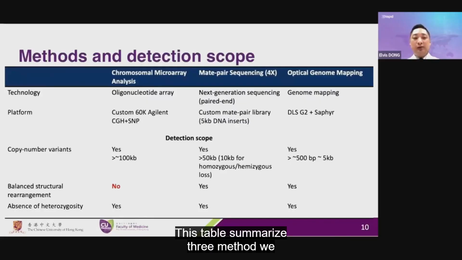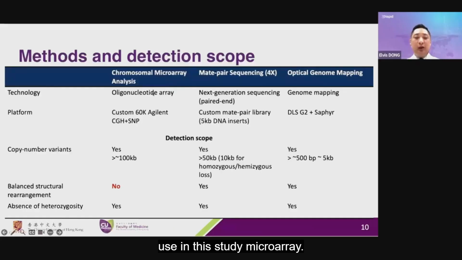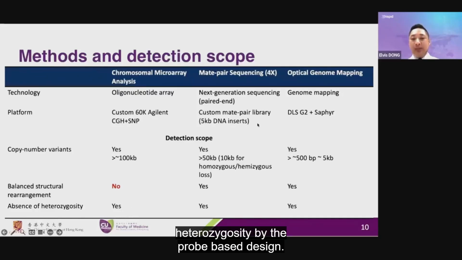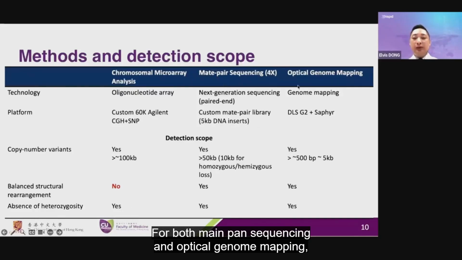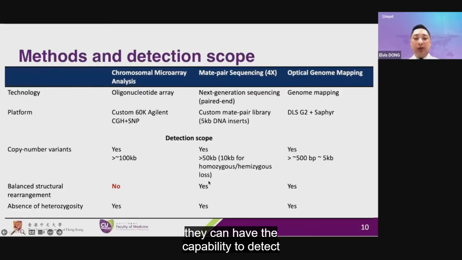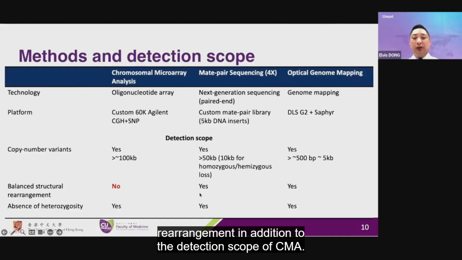This table summarizes the 3 methods we used in this study. Microarray only looks for copy number variance and regions with absence of heterozygosity by a probe-based design. Both mate-pair sequencing and optical genome mapping have the capability to detect rearrangements in addition to the detection scope of CMA.